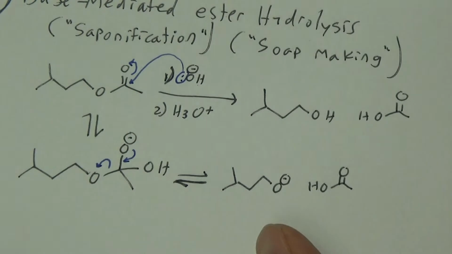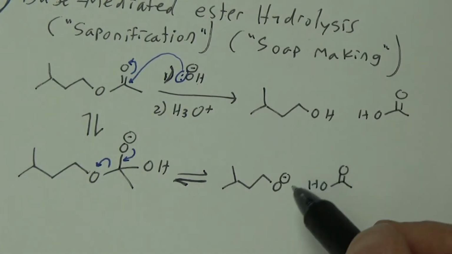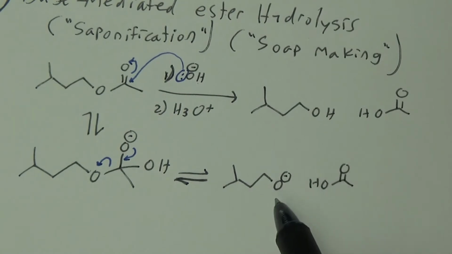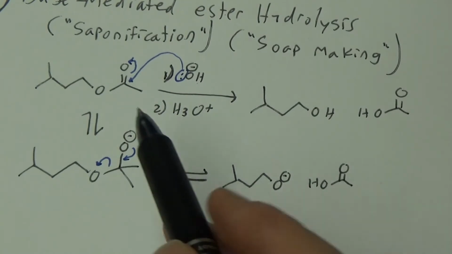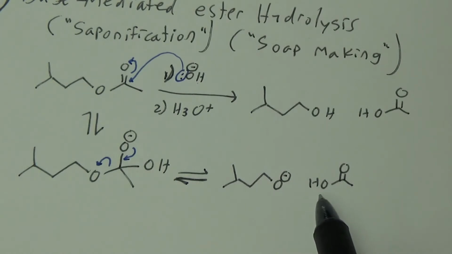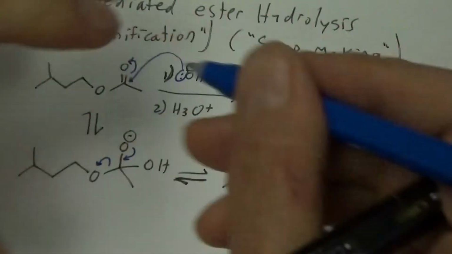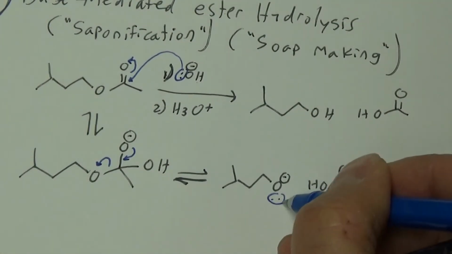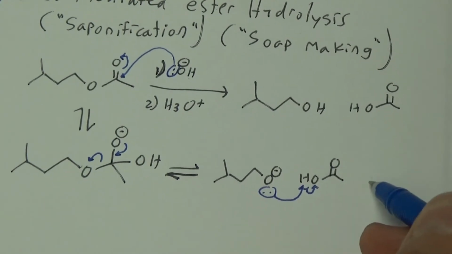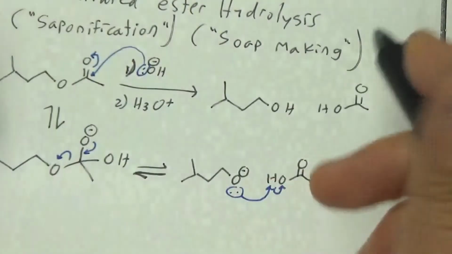And now you're set up to do a very irreversible reaction, because this is reversible, reversible. Now, this is a pretty highly basic thing, and this is a pretty strong acid, so O minus rips off that proton. And when it does, this is not really a reversible reaction. This is an irreversible reaction.